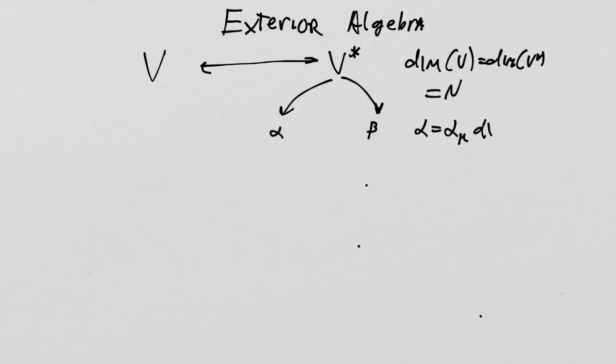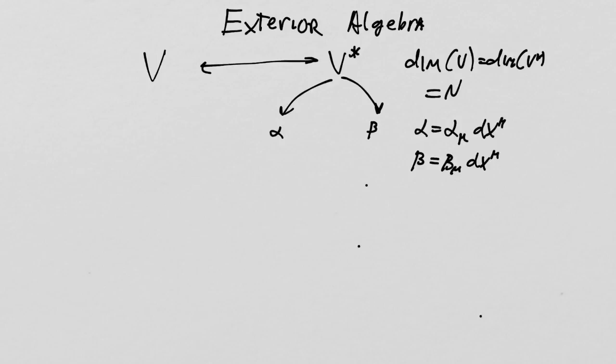Alpha mu dx mu, and beta would equal beta mu dx mu, like that, where those are, of course, dummy indices. And then from here, we can start creating our exterior power spaces.